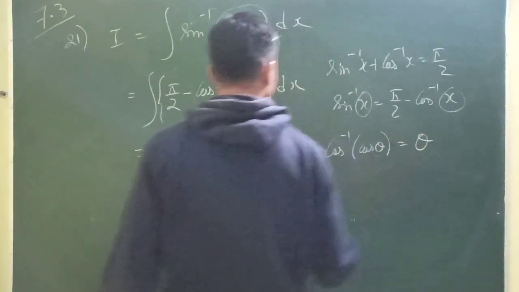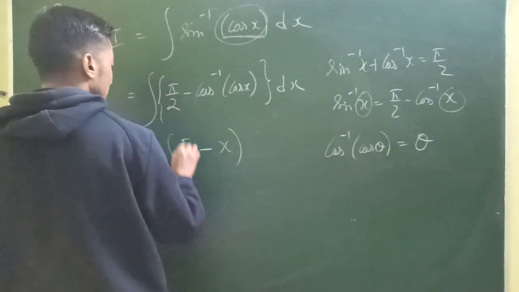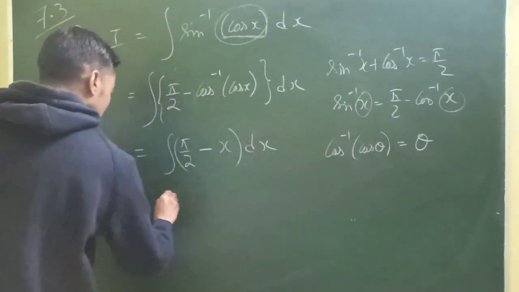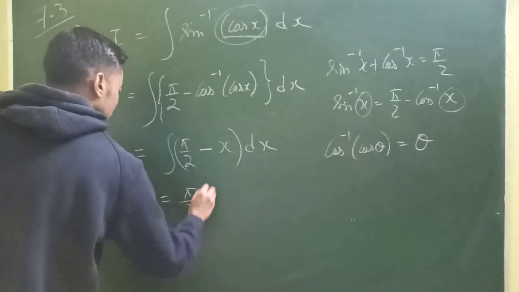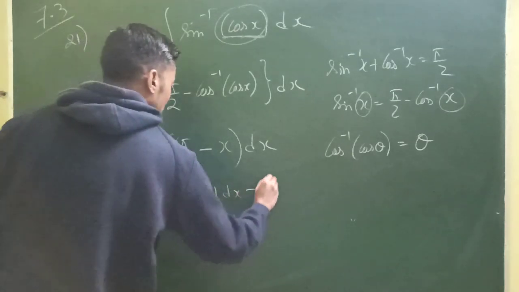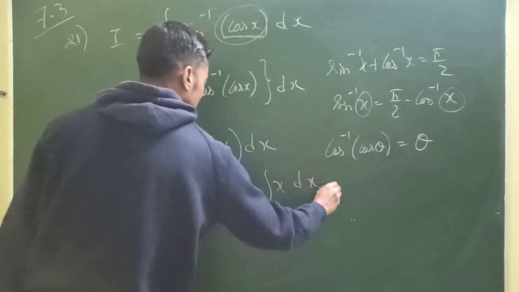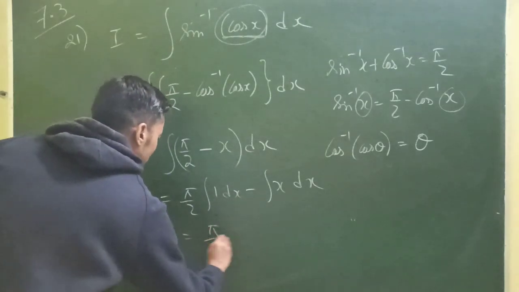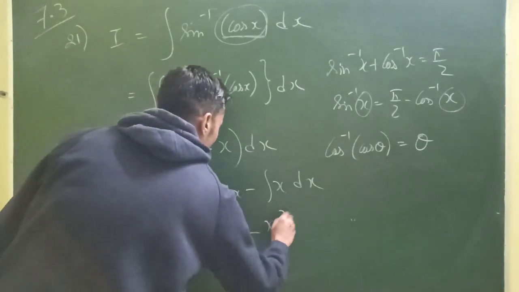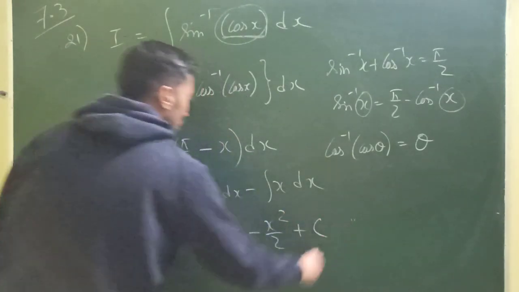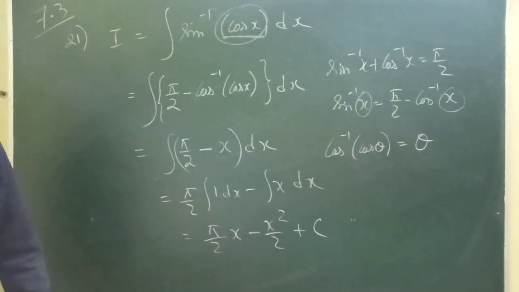This also we have studied, it's going to be theta. So that's simply x. So integration of pi by 2 with respect to x minus integration of x with respect to x. That's going to be pi by 2 into x minus x squared by 2 plus c.